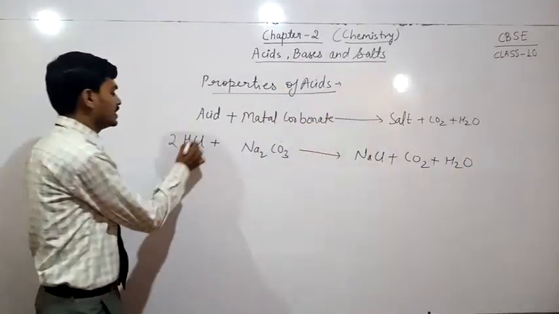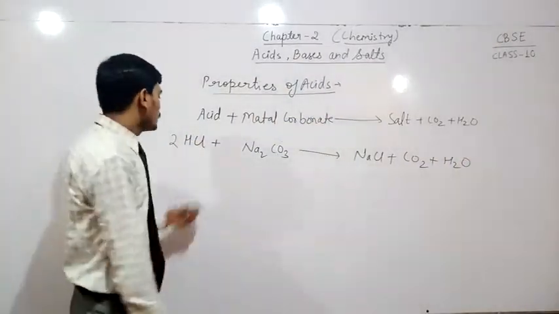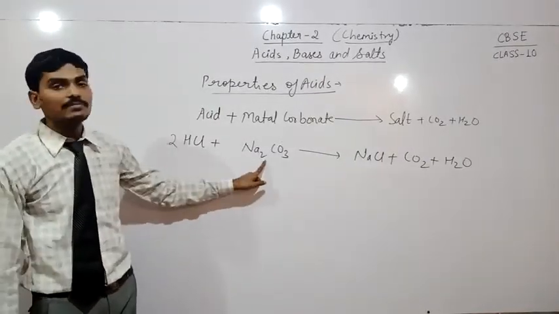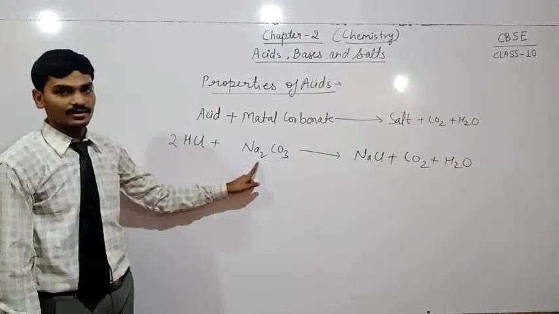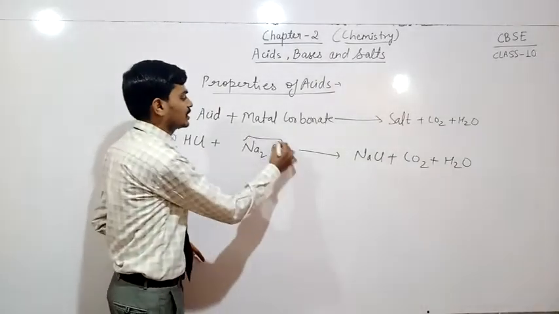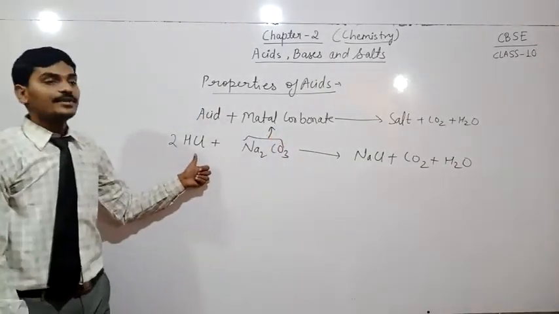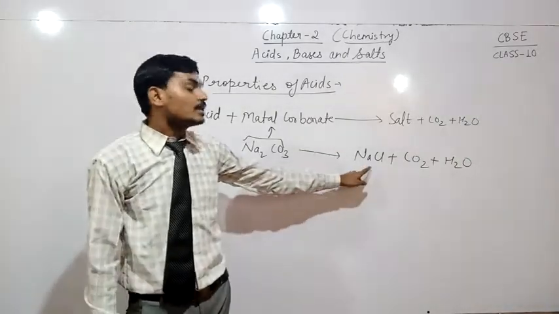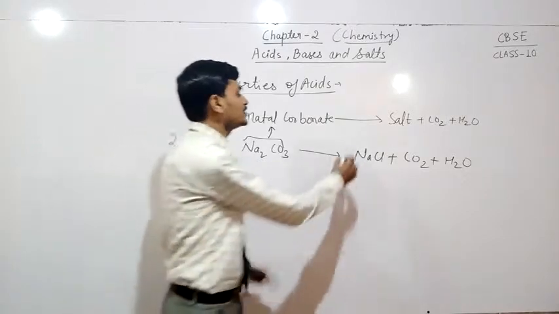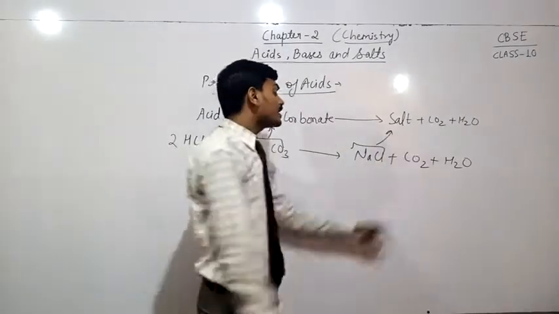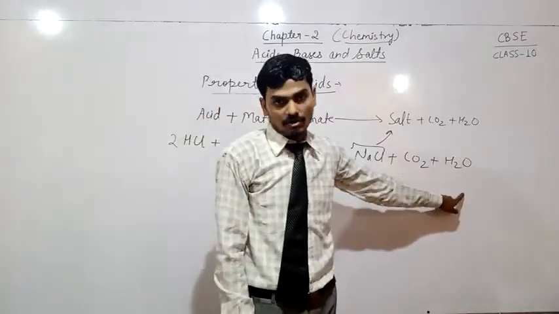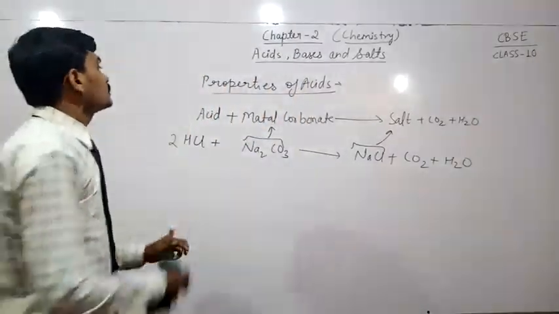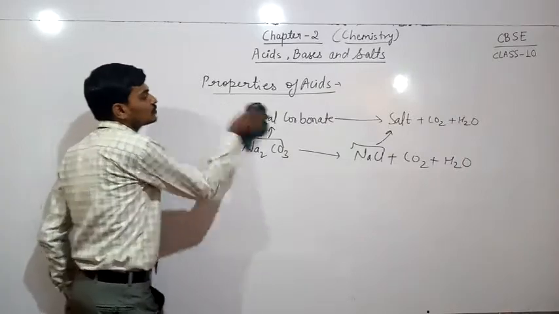Now this is the balanced equation. Sodium carbonate is the metal carbonate. We get sodium chloride, which is a salt, and carbon dioxide and water. So this is the property of acid.